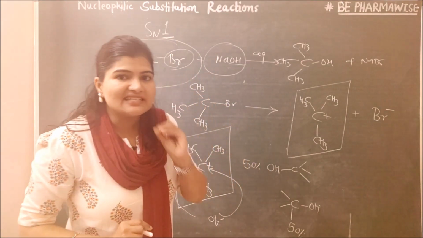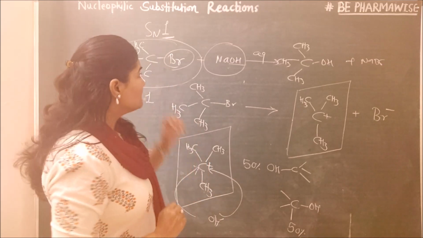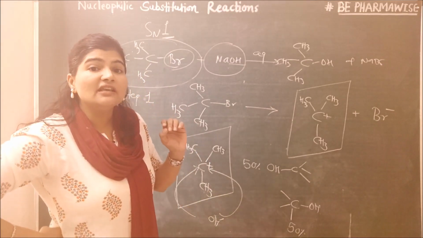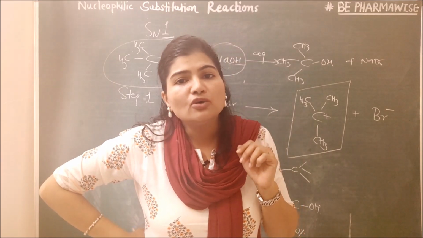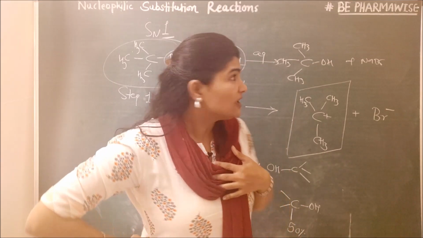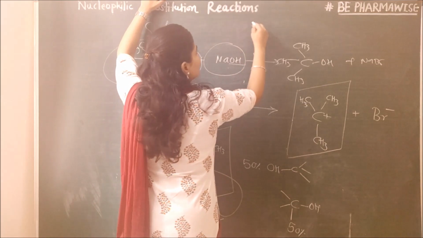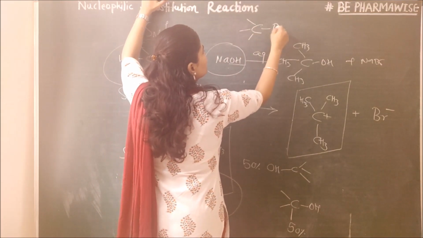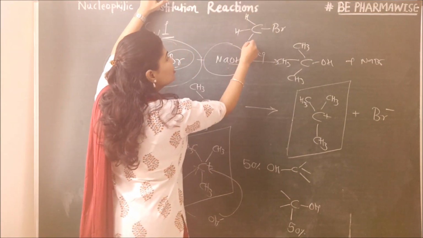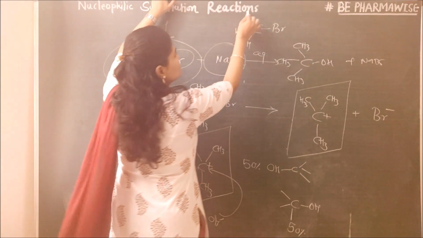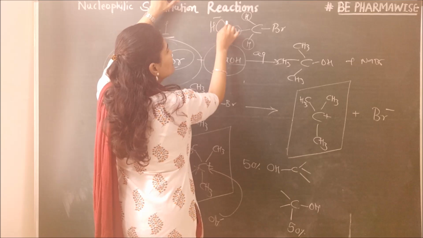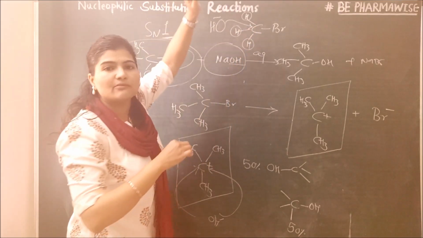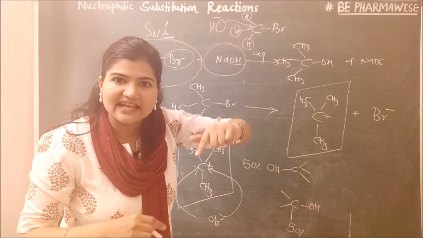Now just understand one very important point here: why do tertiary alkyl halides undergo the SN1 reaction mechanism and why don't they prefer SN2? Because in SN2 we took the example of methyl bromide, right? Hydrogens are very small in size. So it is possible for the OH minus ion to reach the carbon for backside attack.